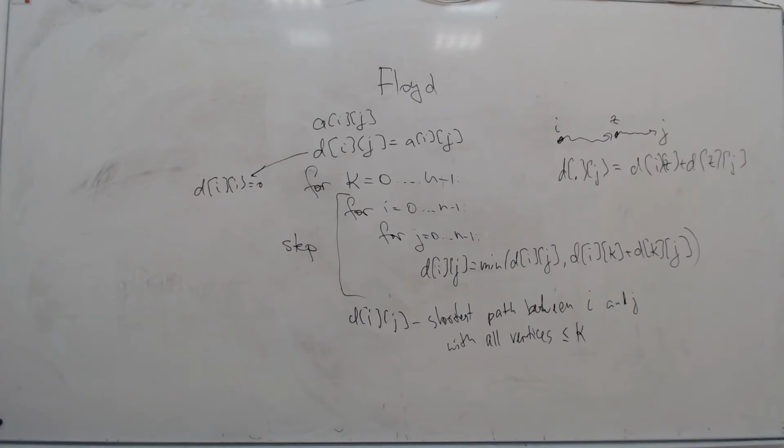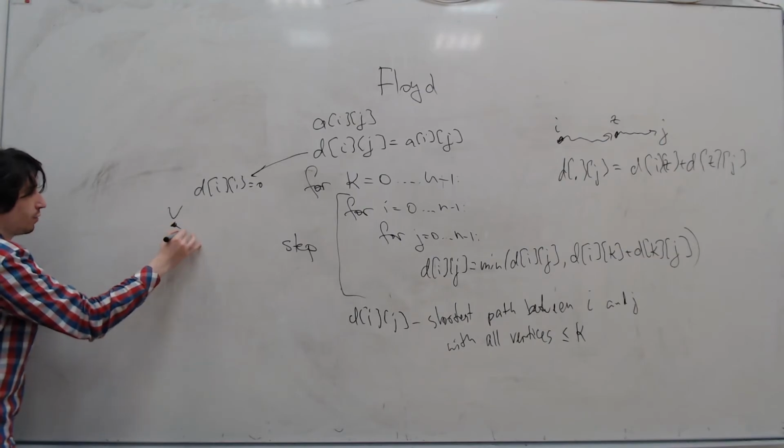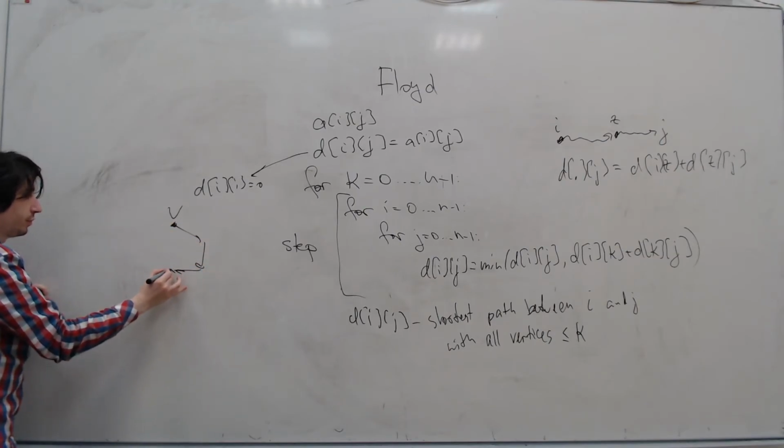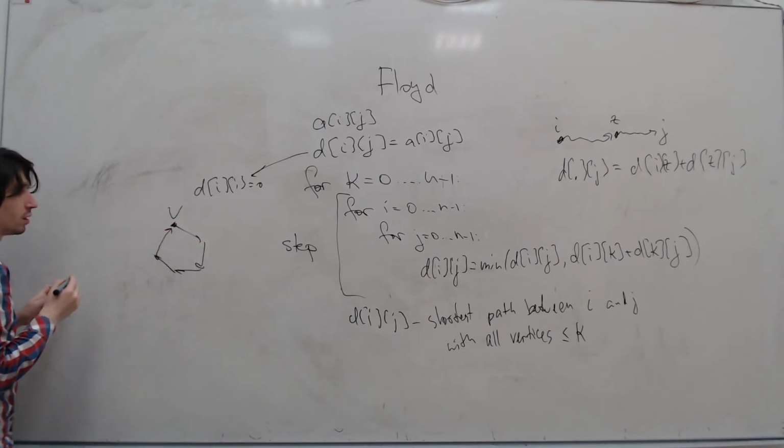So, see that we have the distance from vertex I to vertex J. Consider the cycle, the vertex V on the cycle.